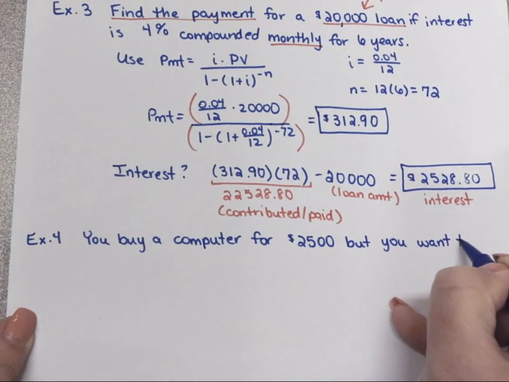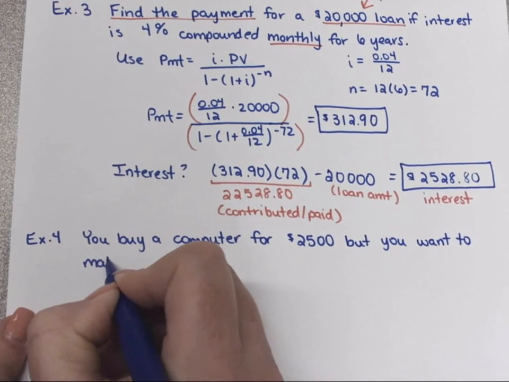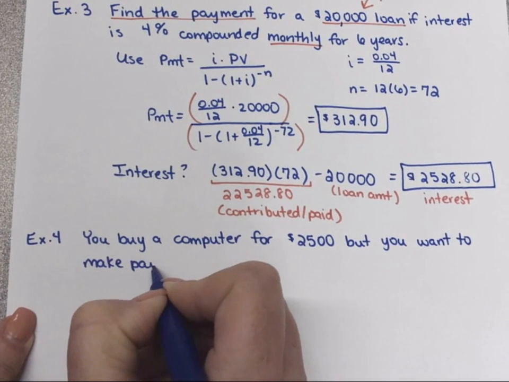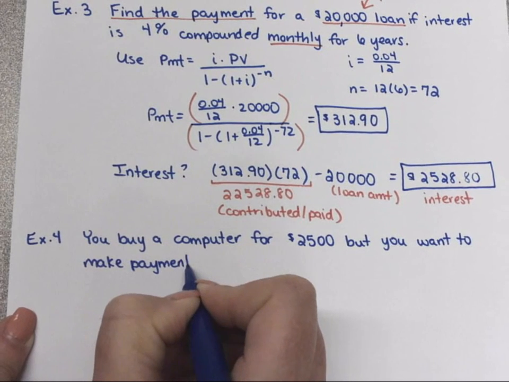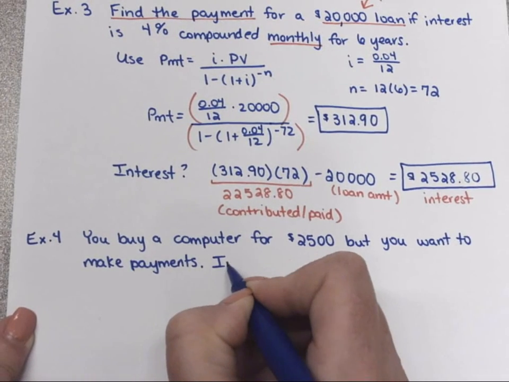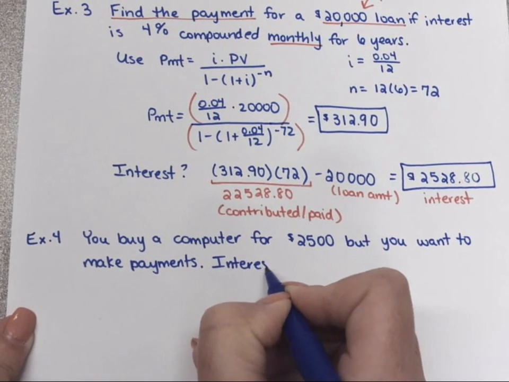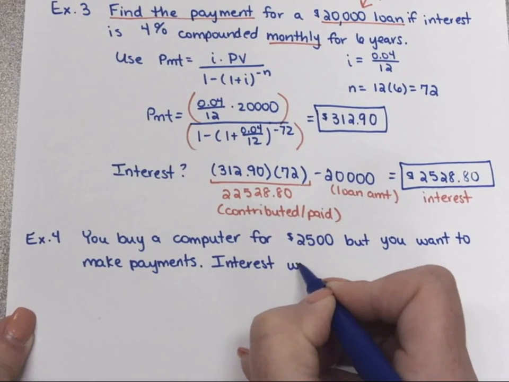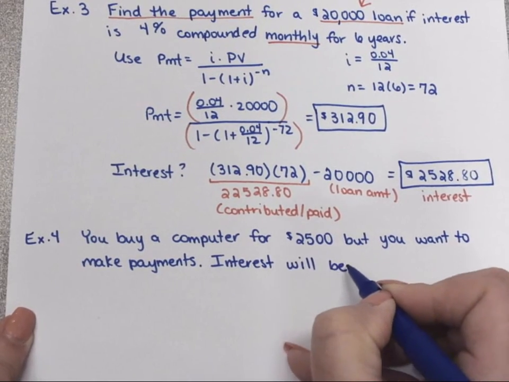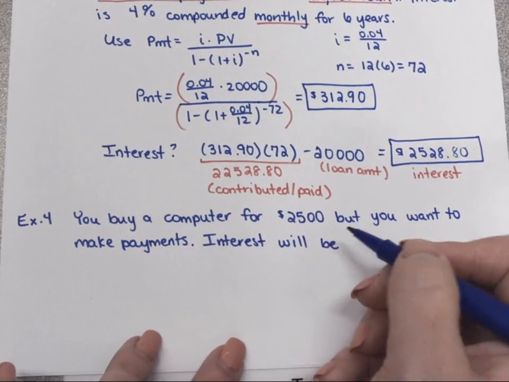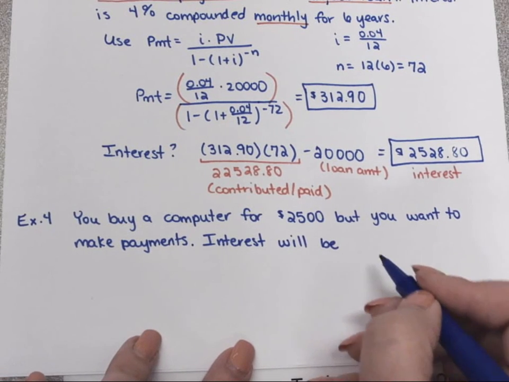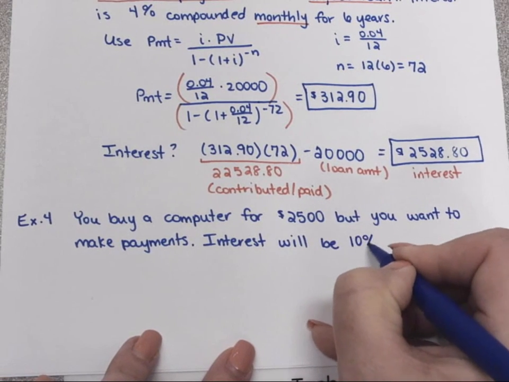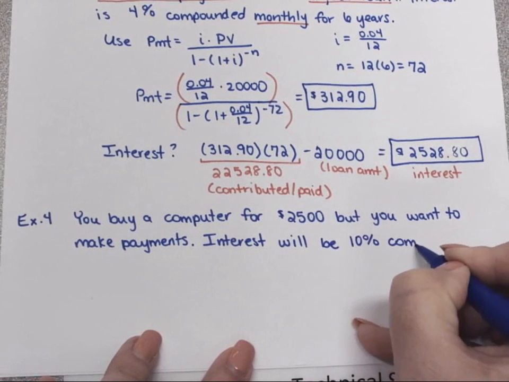but you're broke, so you want to make payments. And so interest will be 10% compounded monthly.